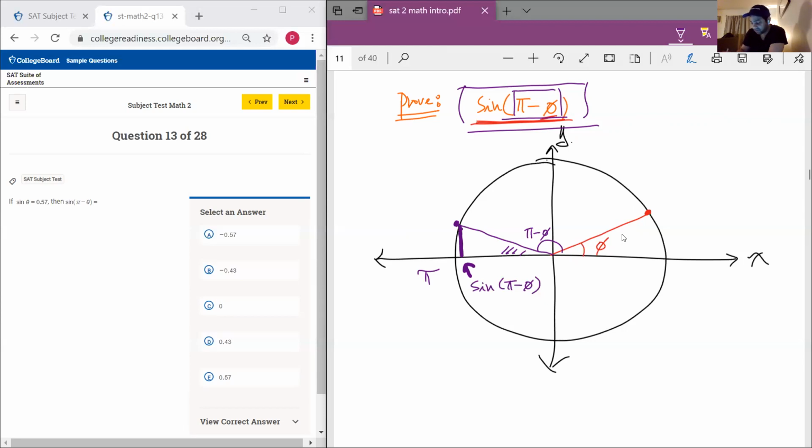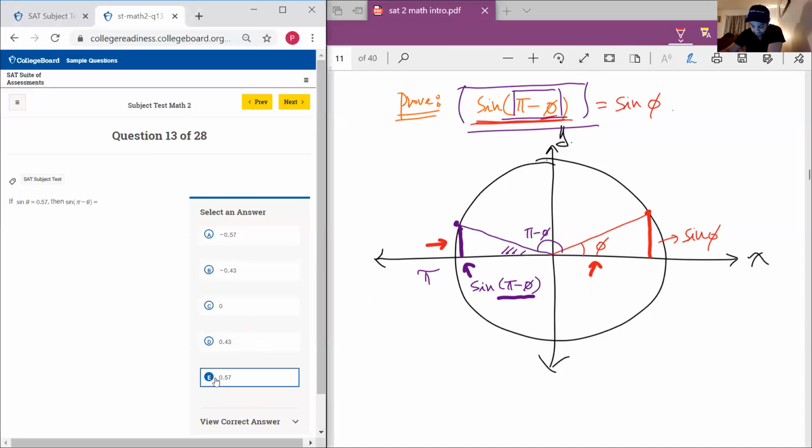It's the y value of this angle. Now ask yourself, with respect to theta, which length has equal magnitude as this one, which is sine of theta. So they must be equal. So in this case, the answer is 0.57.